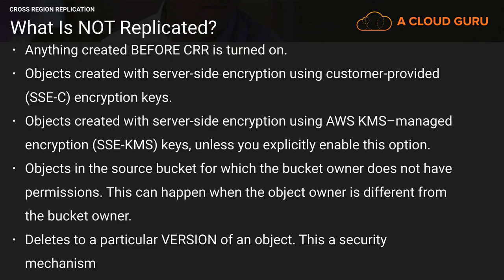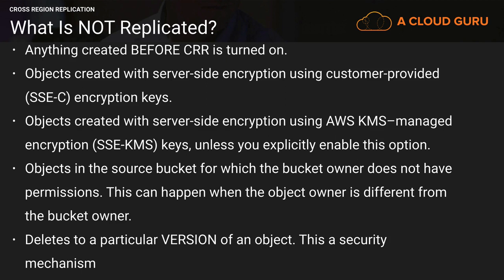So in terms of what is not replicated, well, anything created before cross-region replication is turned on, which I just covered. Objects created with server-side encryption using customer-provided encryption keys, so SSE-C, are not going to be replicated. Objects created with server-side encryption using the AWS KMS keys, unless you explicitly enable this option.